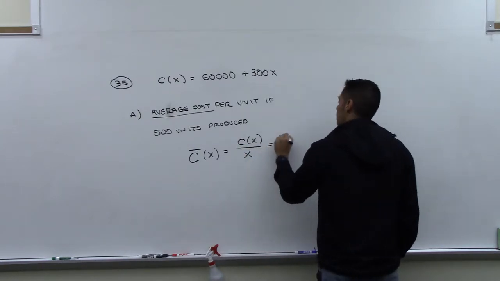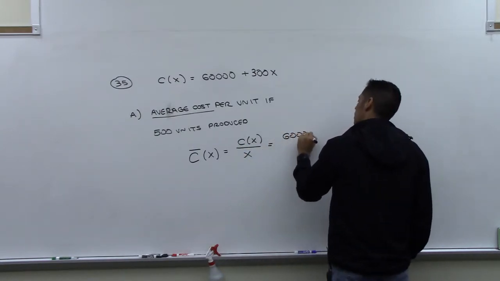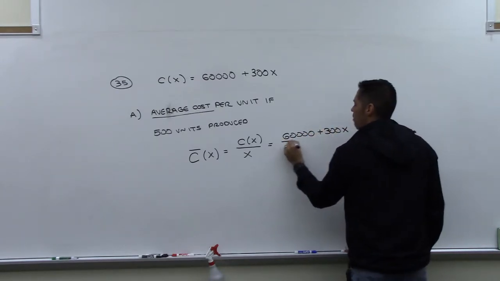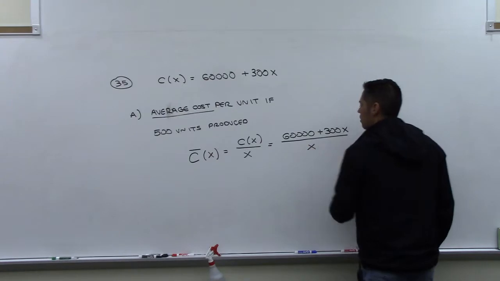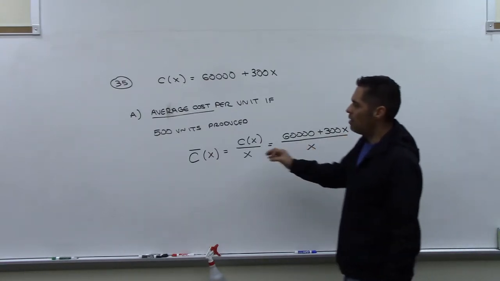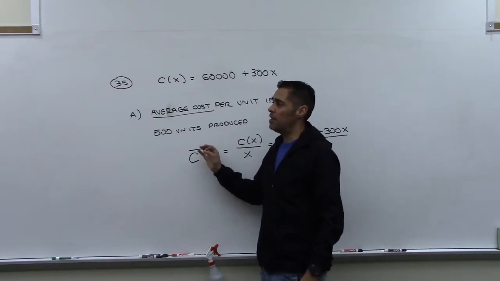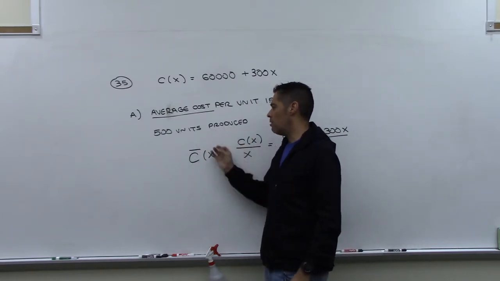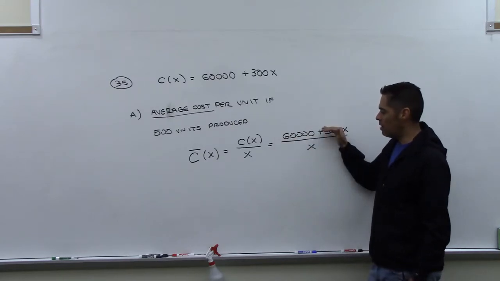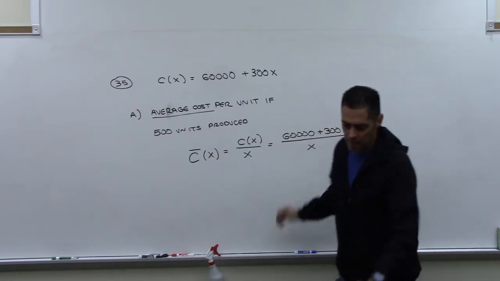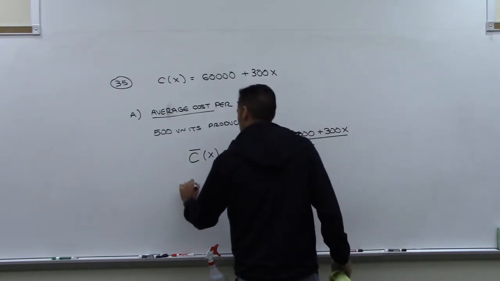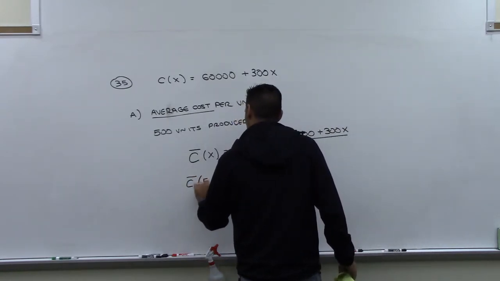So for us, that is the 60,000 plus 300x over x. All right, so this will give us not the cost of selling x auto body parts. This is the average cost. So it's the total cost divided by how many units we made. So they want to know at 500, what would this be? So for part A, they want to know C bar of 500.